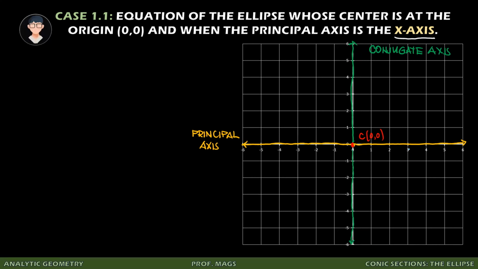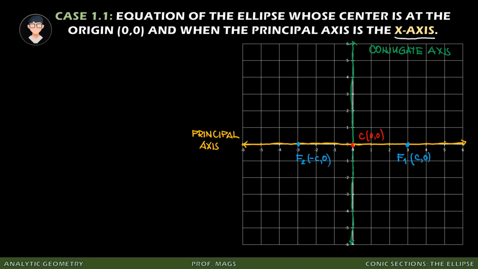For focus number 1, that's the coordinates positive c and 0. For focus number 2, negative c and 0. The next is our vertices.